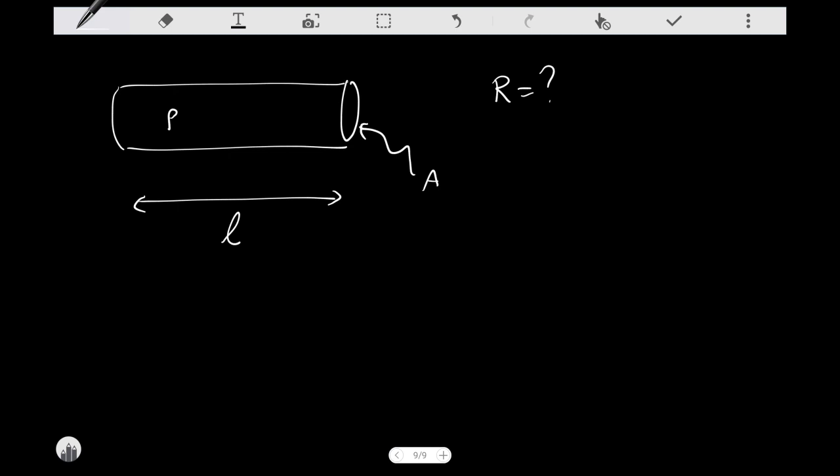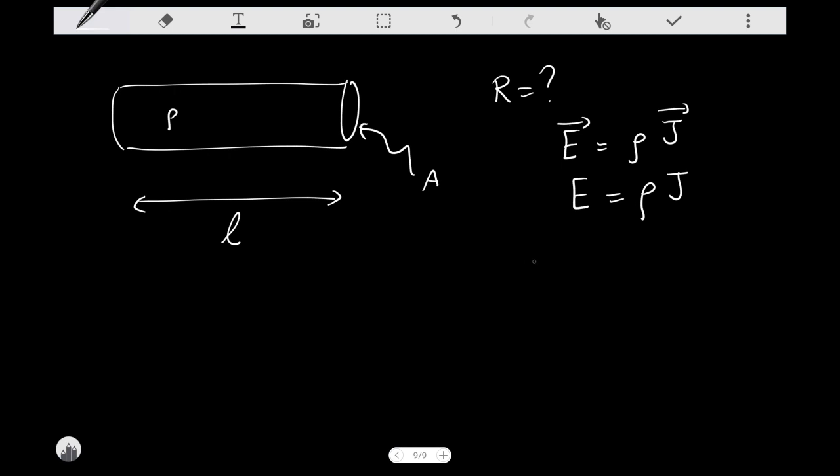This is quite simple to find. We know that the electric field is equal to resistivity times the current density. That's the relationship between the vector quantities, but the same relationship is also valid for their magnitudes. So I'm just going to write down the relationship for magnitudes.